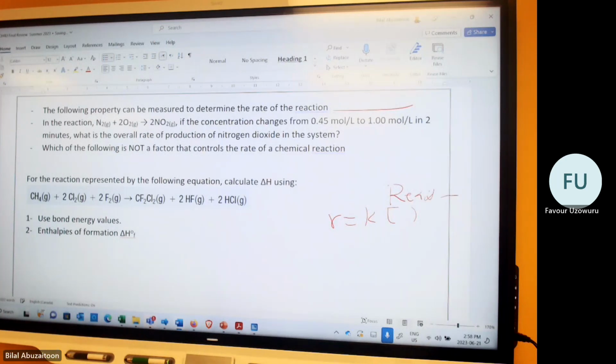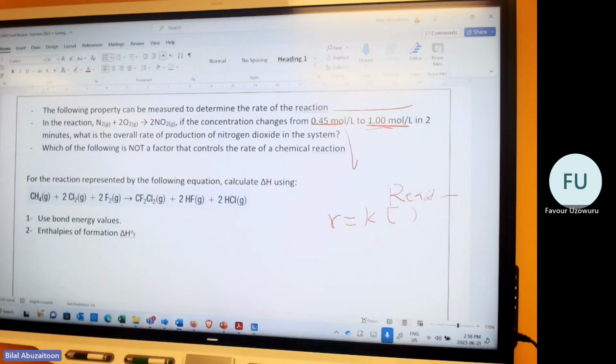Okay. In the reaction N2 plus 2O2 giving 2NO2, if the concentration changes from this to this in 2 minutes, we have delta what? Like from 0.45 mole per liter.